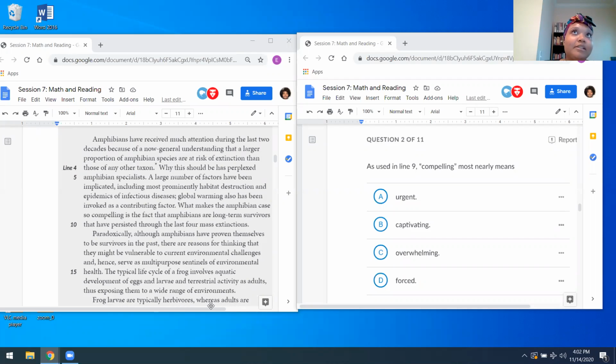In that context, you wouldn't really use captivating. Like, say if I am compelled to move my car, I am not captivated to move my car. I'm compelled because it's an urgent situation.